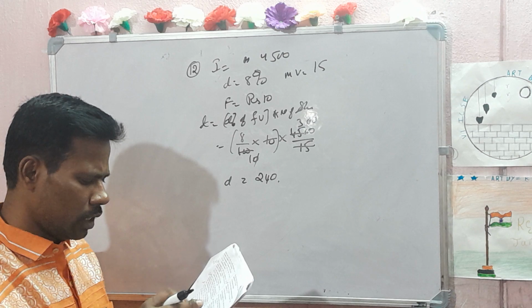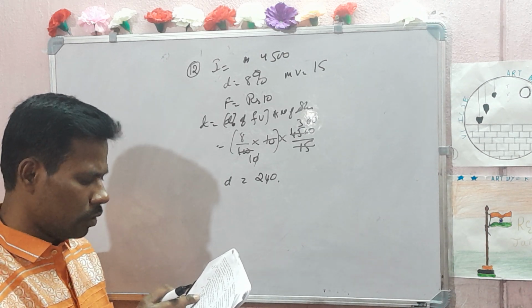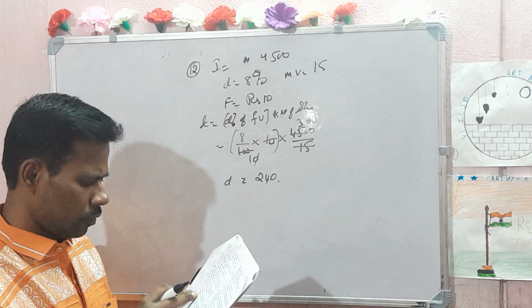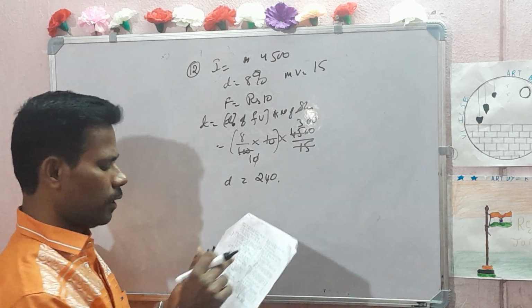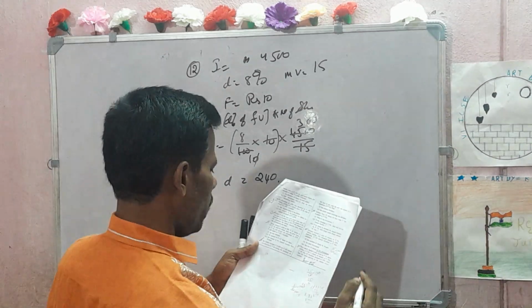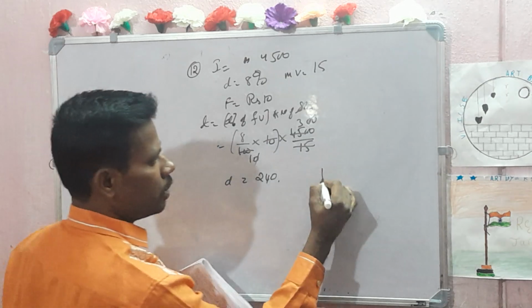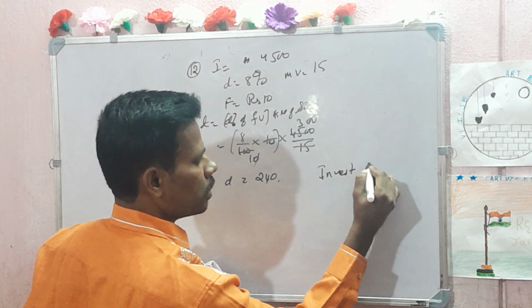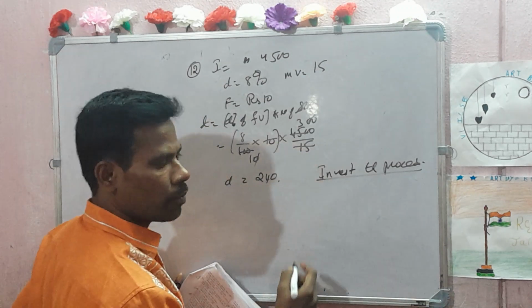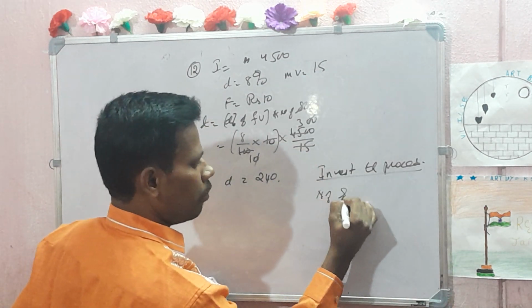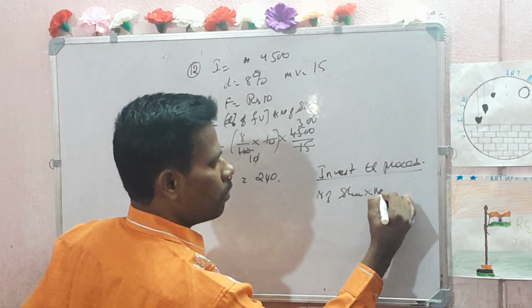Next, the sale price. He sells the shares when the price rises to rupees 30, and again invests the proceeds. Whenever you see the words invest the proceeds, that is nothing but number of shares into market price.